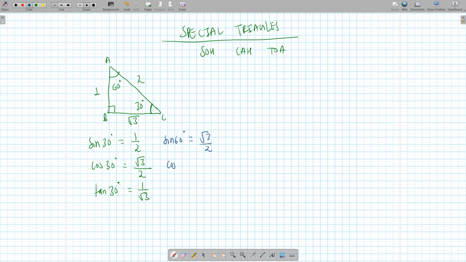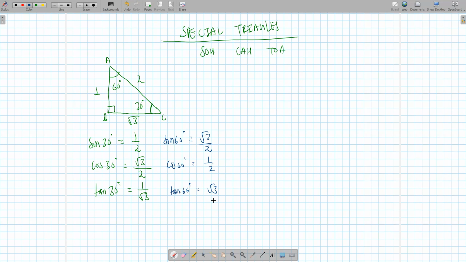What's cosine of 60? 1 over 2. Good. What's tan of 60? Root 3 over 1. Yes, so we can just write that as root 3, and there we go.